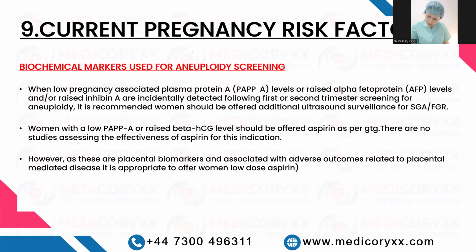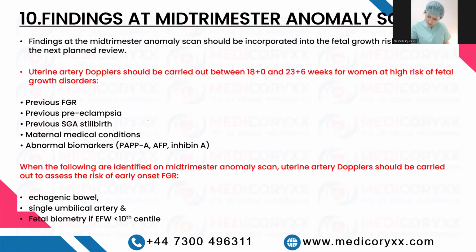Okay. In the current pregnancy, you will be looking at biochemical markers used for aneuploidy screening. And we all know what the biochemical markers are: PAPP-A, alpha-fetoprotein, inhibin A, and HCG level. If all of them are more than 2 multiples of the median, then the chances of FGR are going to be there.